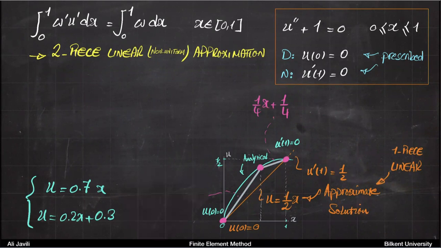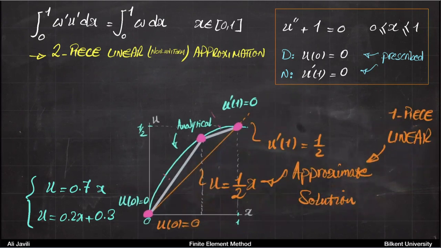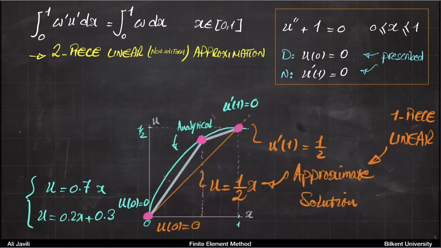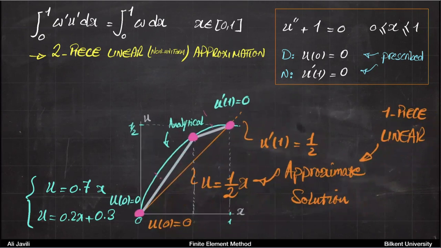Now you can look at it in a similar manner. You had a one-piece linear, you had this two-piece, and what we want to do now is look at another two-piece, which is not going through the same point as before, but eventually it's a similar story.